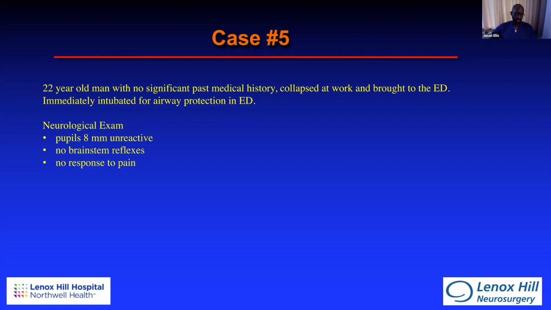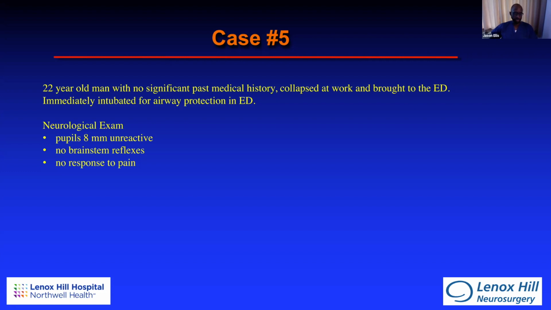In this case, this patient had no response at all to deep stimulation and pain. It was essentially flaccid. So this is really a poor prognostic sign to have this sort of examination.